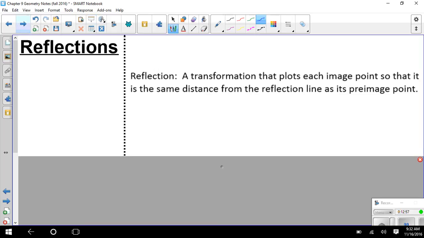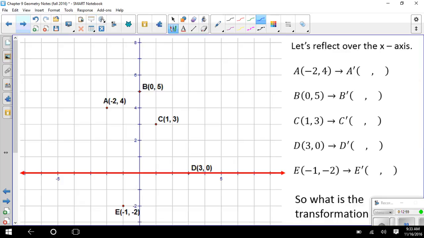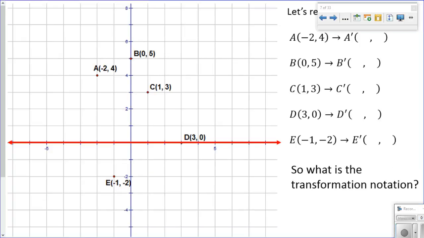All right. Now, I don't want you to do anything. I just want you to watch and participate here with some of the questions that I have. So on this one, we're reflecting over the x-axis, which is this red horizontal line that I have here. If I take A, A is 4 units above the line, so then A prime has to be 4 units below it.